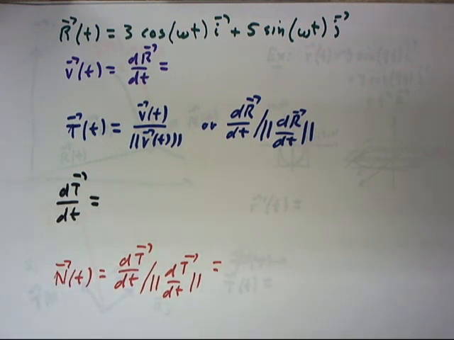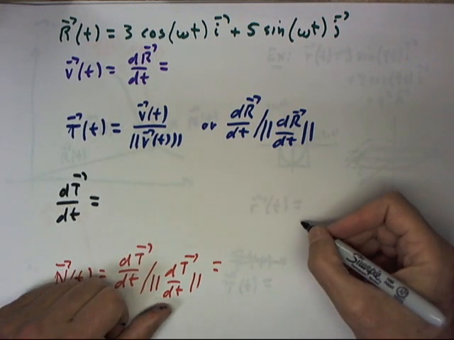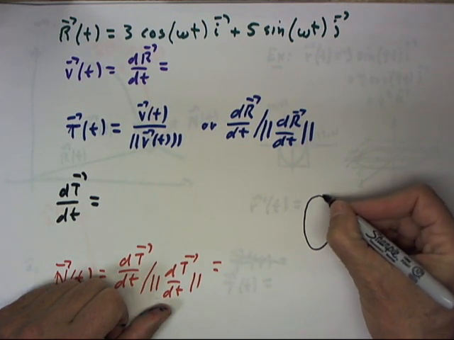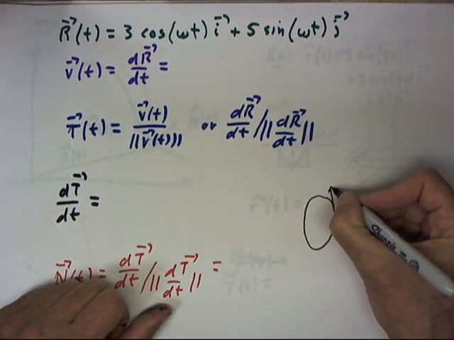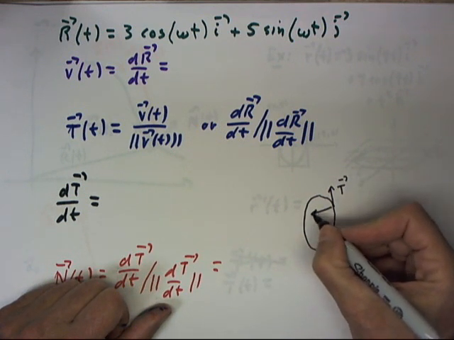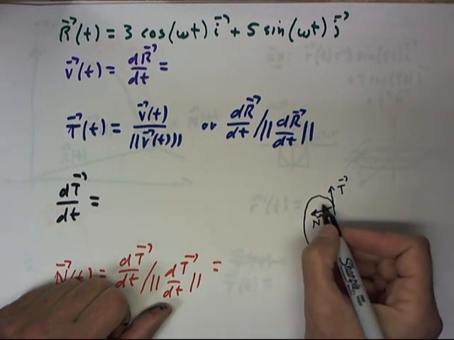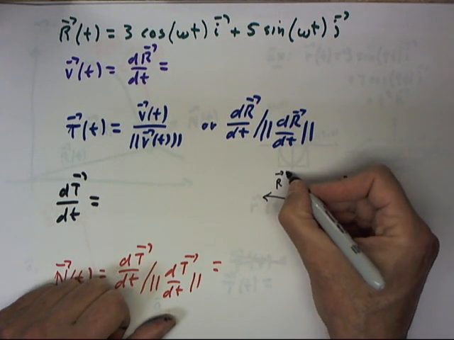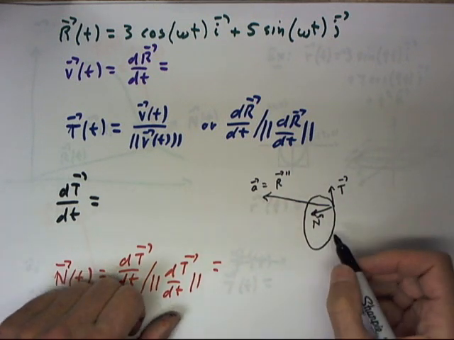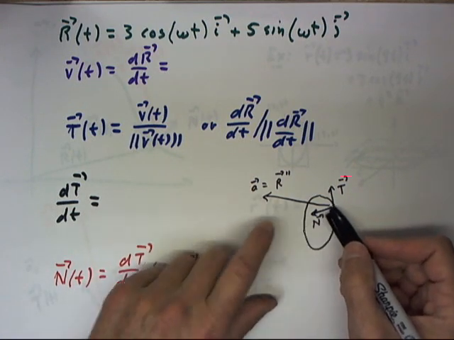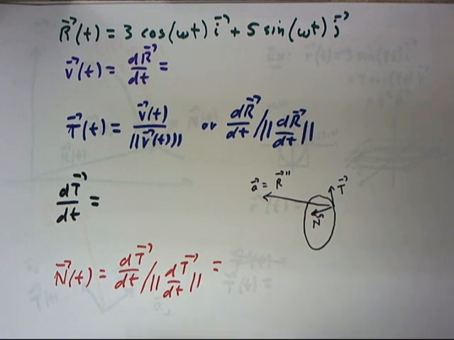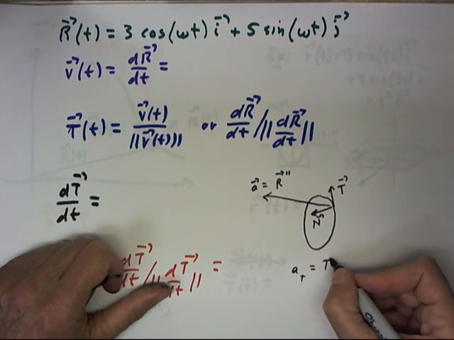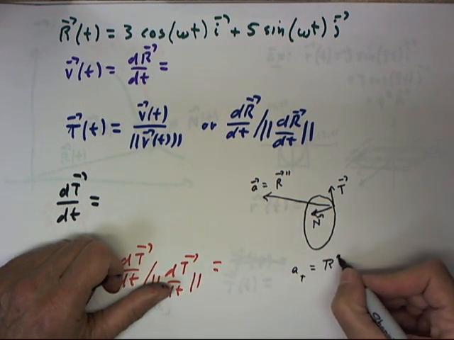The ultimate idea here is that at any point of this ellipse, we have a unit tangent vector, a unit normal vector, our acceleration vector, which is our r double prime, and that acceleration vector has components in the normal and the tangent directions, which are easily calculated.